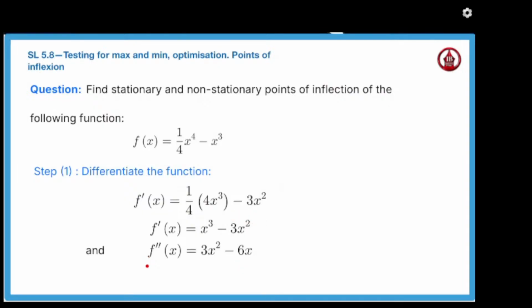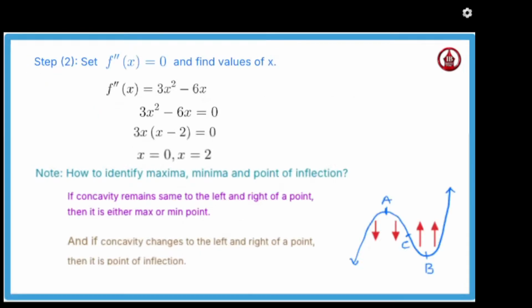So the second derivative is 3x squared minus 6x. Because for stationary and non-stationary points of inflection, we need to find the second derivative as well. Now, why do we need that? Because the concavity will be explained from the second derivative only.